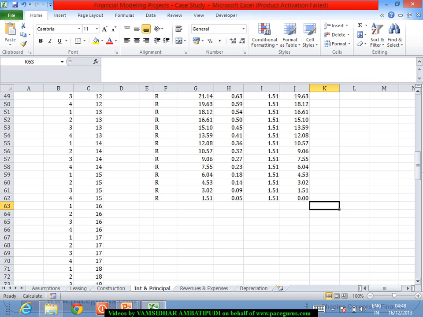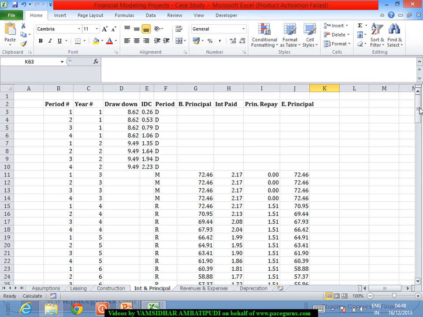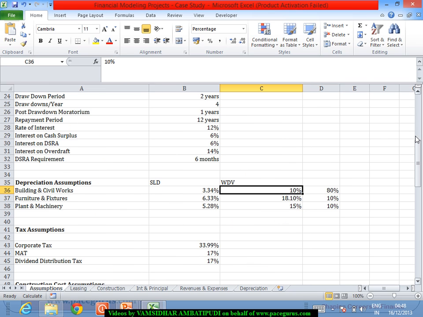Why did we do this much of Excel exercise? Go back to your assumptions. Probably just work out, instead of 12 years, let's say I have a 15-year repayment period, and instead of 2 years, a 3-year drawdown period.